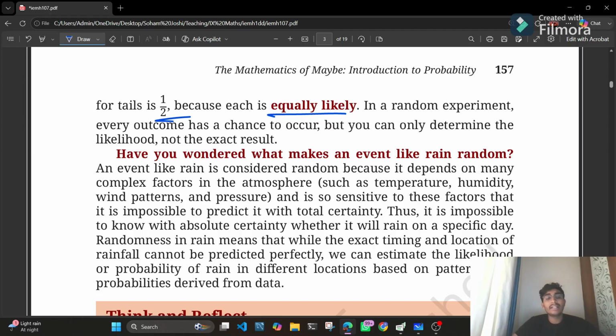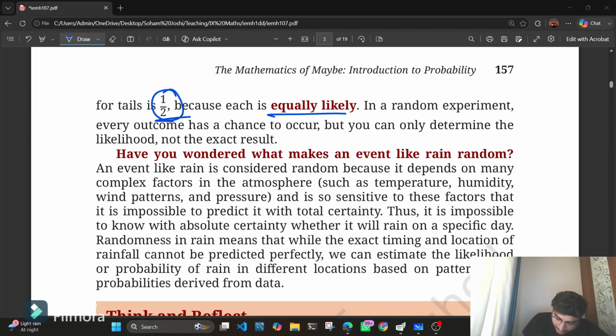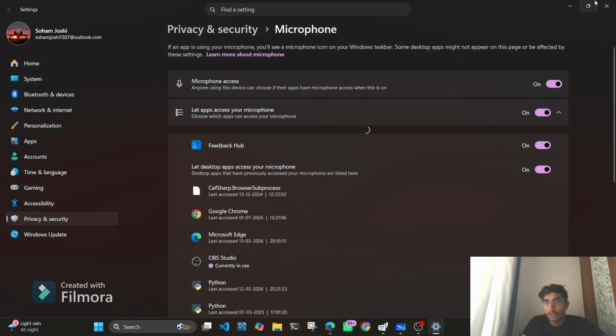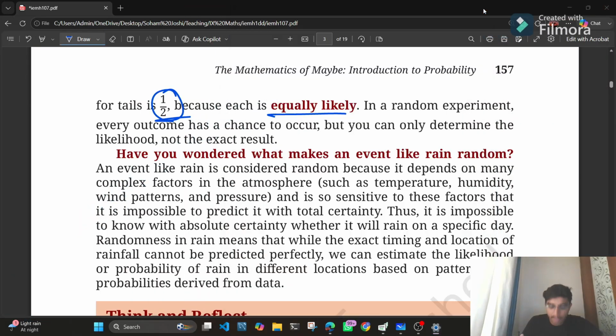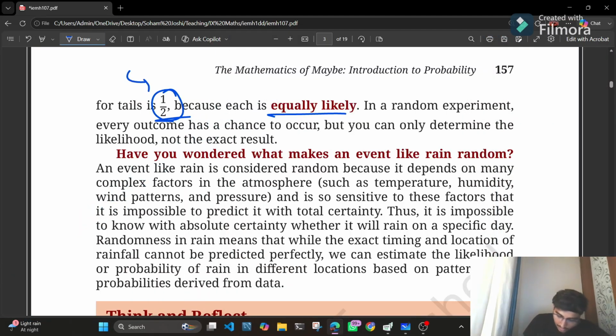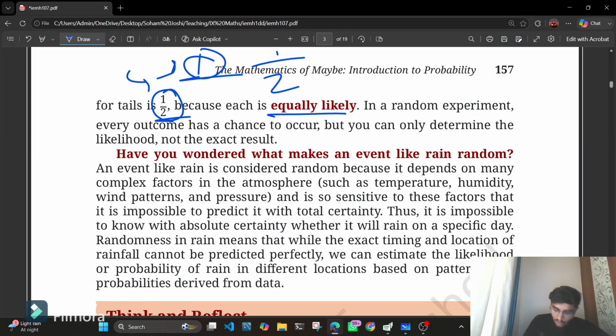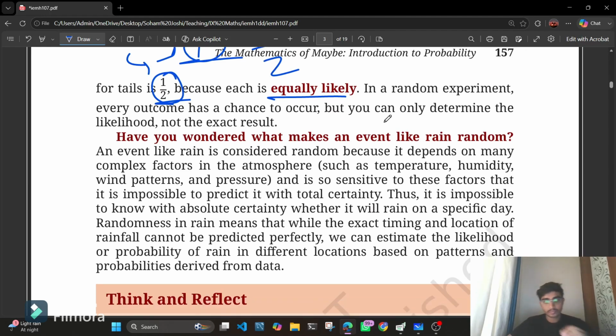In a random experiment, every outcome has a chance to occur, but you can only determine the likelihood, not the exact result. We cannot say that, okay, I'll get a tails only. If that were the case, this probability would have been one, not 1/2. Why? I'll teach in some time.